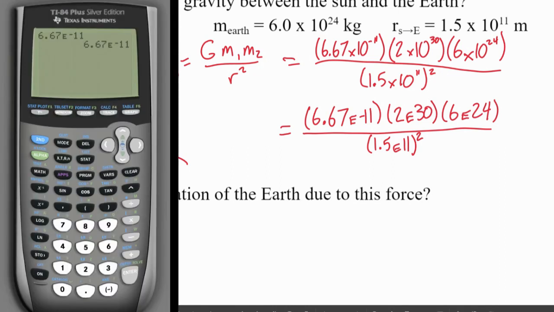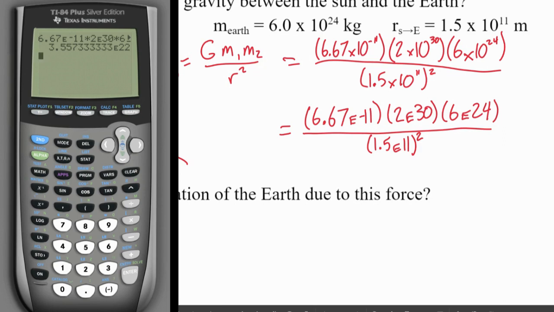So if we come back to the calculator here, we can do 6.67 E minus 11, and it's to the negative 11, times 2 E 30, so there's the mass of the Sun, times 6 E 24, there's the mass of the Earth, and then divided by the radius squared. So divided by 1.5 E 11, but that number gets squared. I now hit enter. There we go.